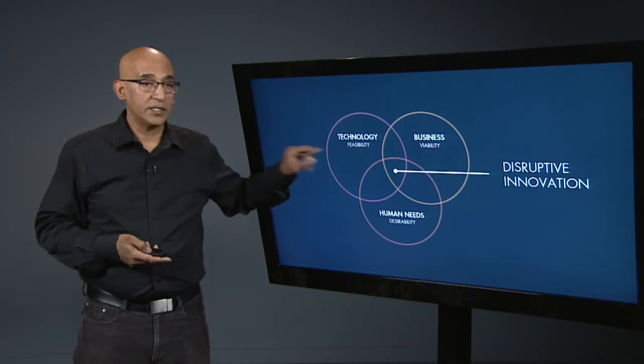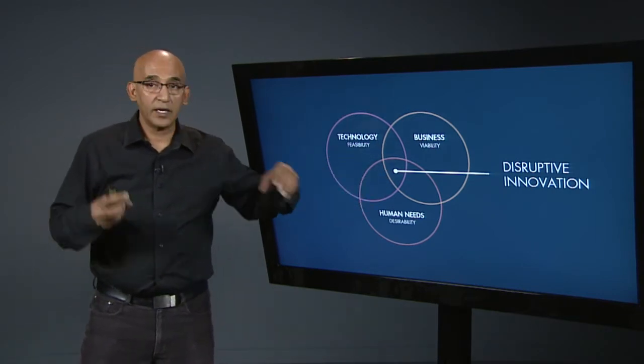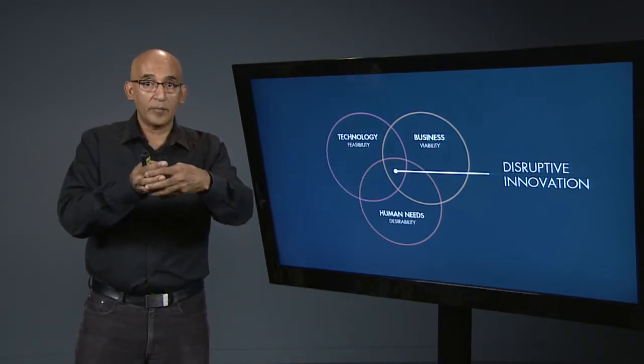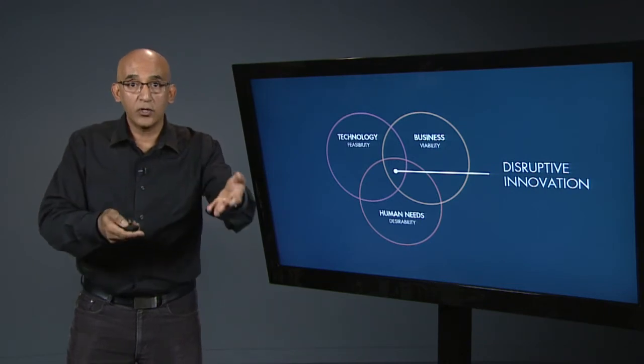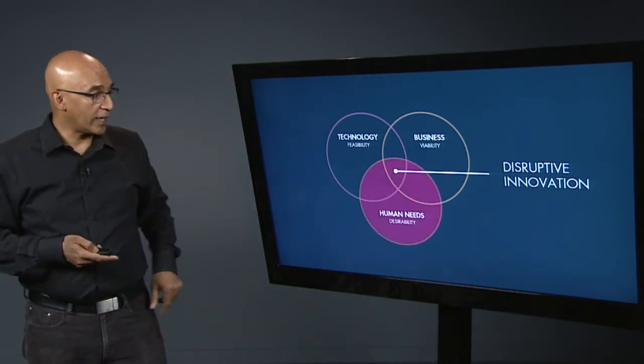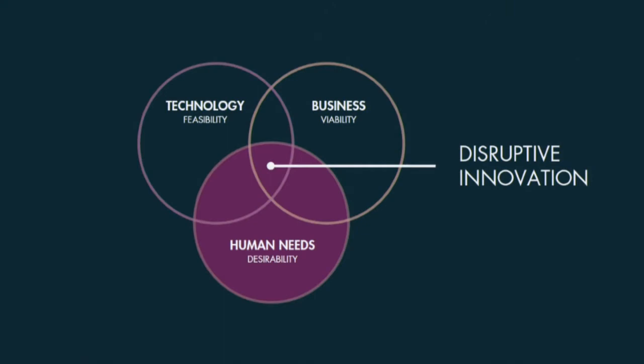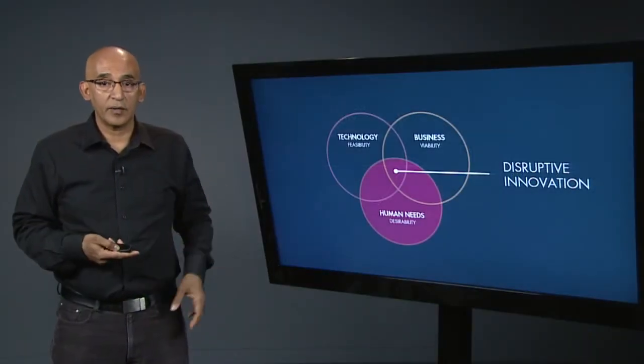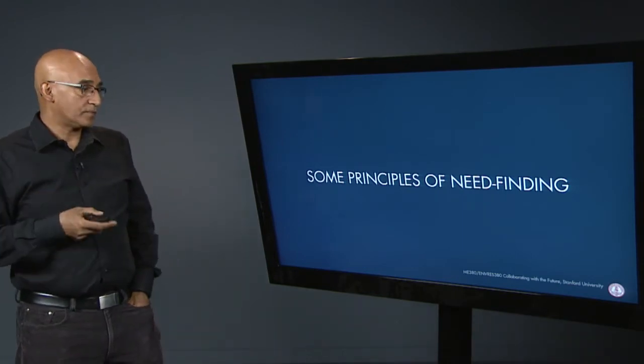Is it viable? Is it feasible? And once you find a combination of all those three, then you have the makings of a good solution, right? But the human needs is where you start. And because the entire design thinking starts with the human needs, this part of it, the need finding and the ethnography, is supremely important. So how do you do it?